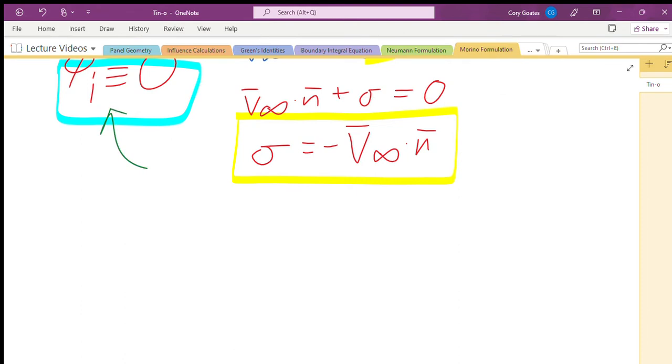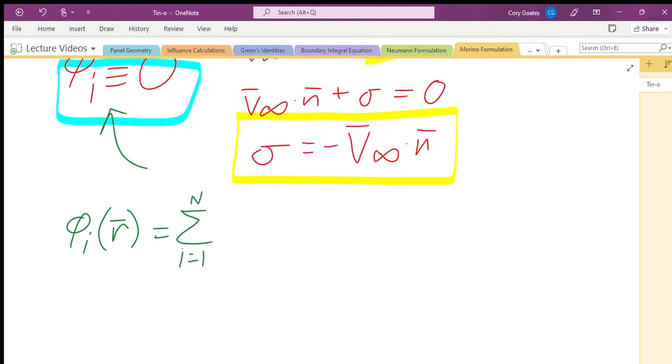Okay. Now let's look at that, because our inner potential phi I at some point r is equal to the sum from j equals 1 to n.